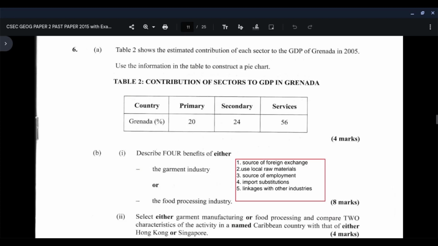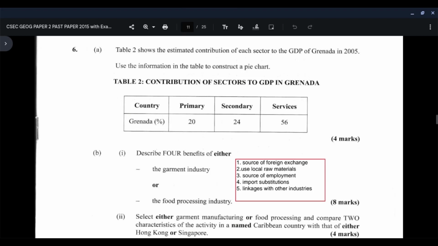For example, their source of foreign exchange, meaning both the garment industry and the food processing industry, once the final products are produced, they are sold on the international market, where they produce foreign exchange for the country. They are exported to other markets. Next, they use local raw materials.